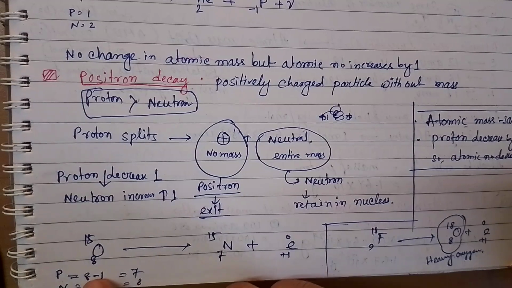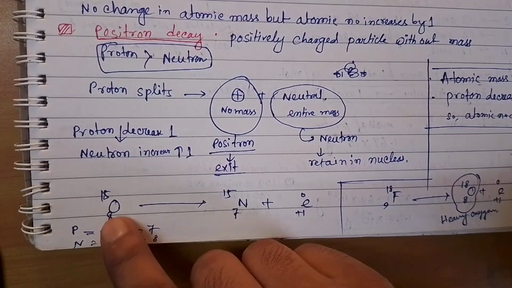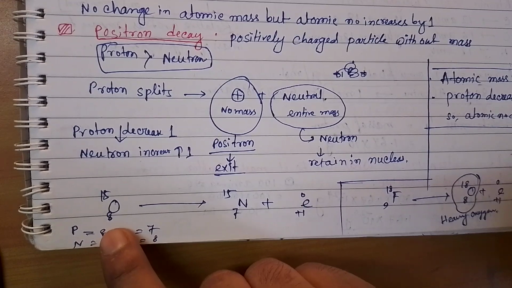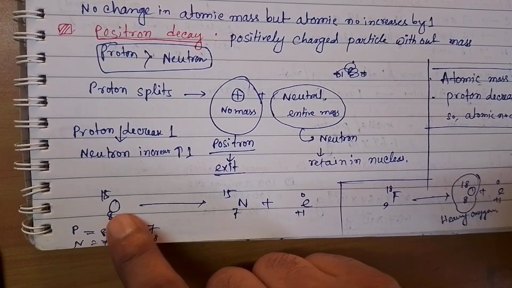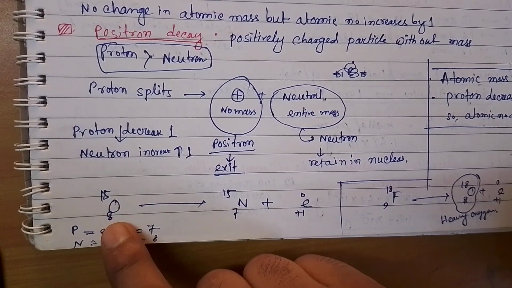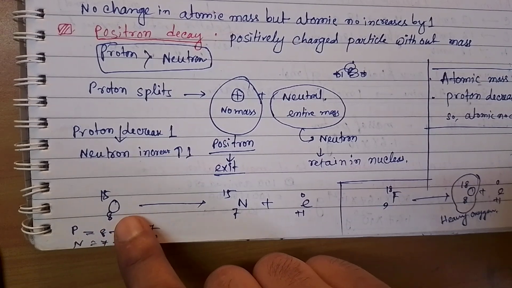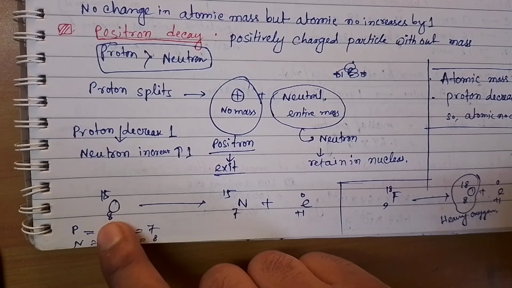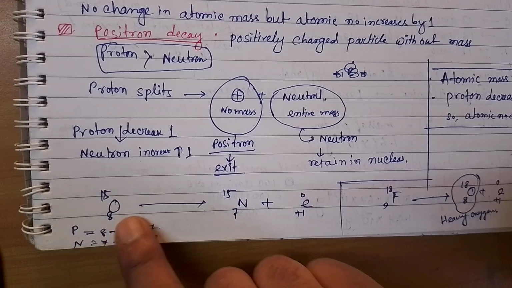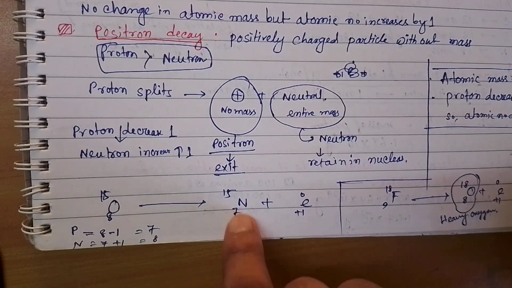So what happened if I take one example, oxygen O-15? This is a rare element, because it's an unstable one. Oxygen O-16, 8O16, is a stable one, so we take one unstable one. If one proton exits from that particular nucleus, it is converted to nitrogen, N7.